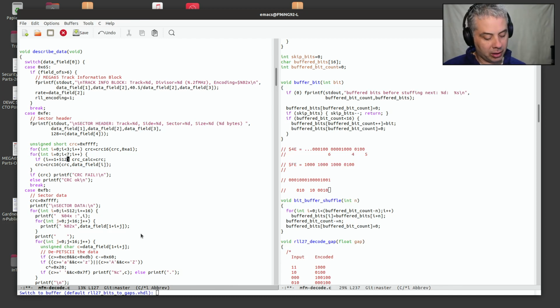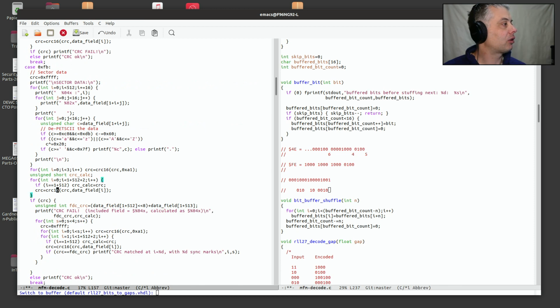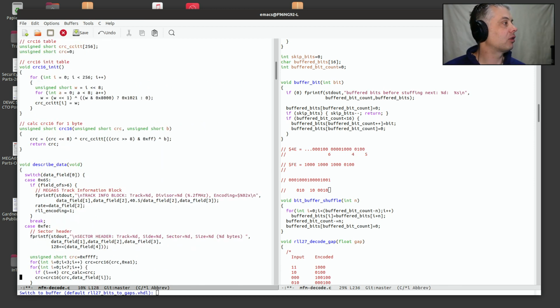So 6 will be the last one. So if at 4, just move that calc CRC up so that it serves both.